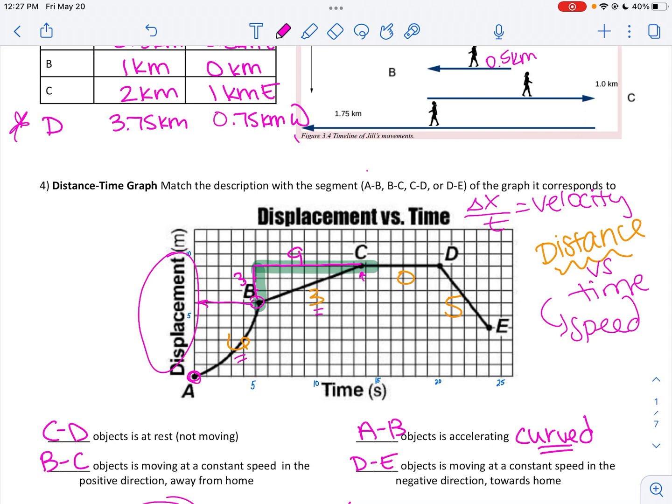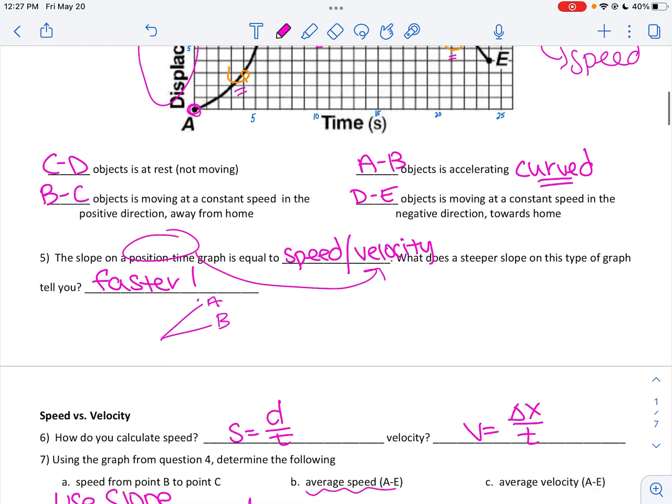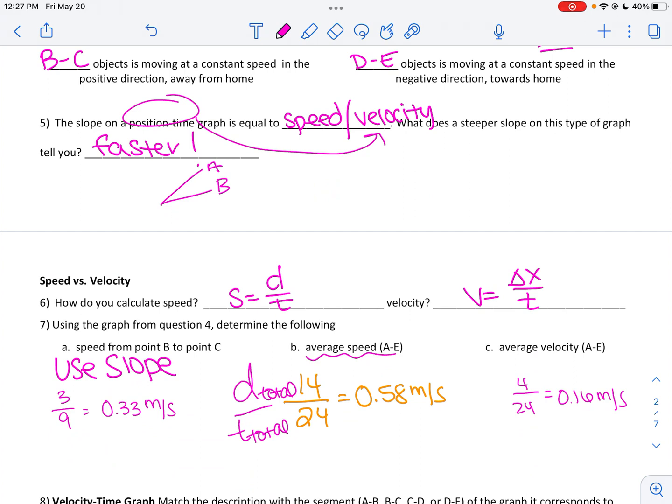Then here I walked 3, here I walked 0, and then here I walked 5. Remember, distance is always going to be positive. You cannot walk a negative distance. And then for the total time, I would have to read that x-axis. I got 24 seconds. So I solved and I got 0.58 meters per second.